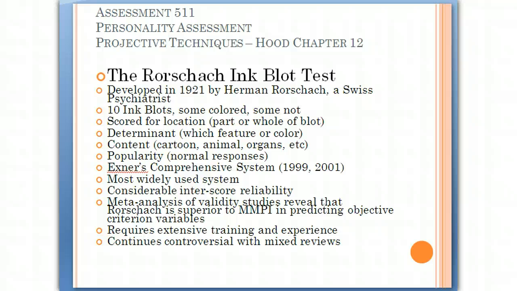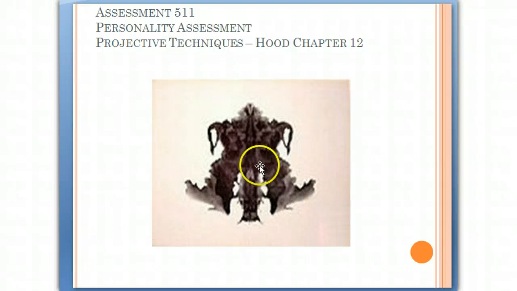Which feature or color of the blot are they talking about? For instance, on the second Rorschach ink blot, at the top there are red colors. I saw a very creative interpretation: two elephants touching their trunks up in the air, and they have little hats here, and those hats are red, and so that's the reason why they thought that they were hats.